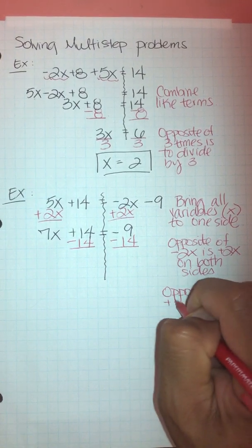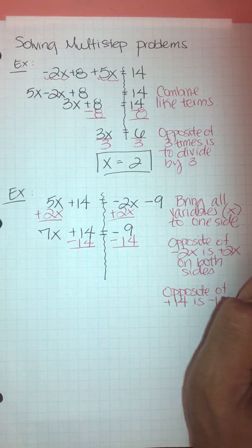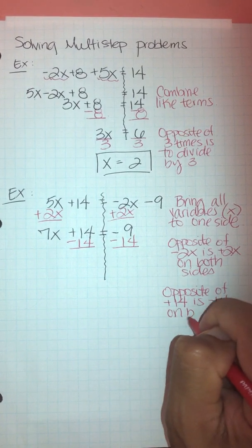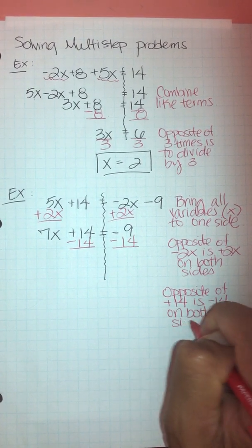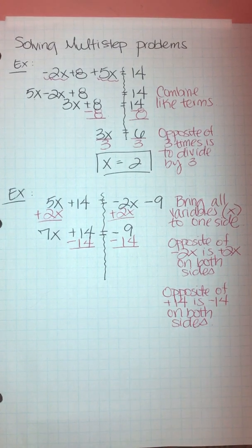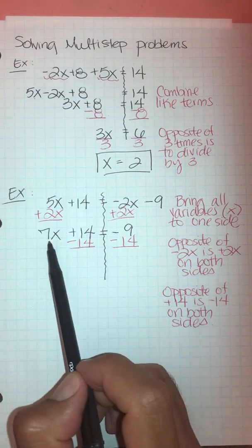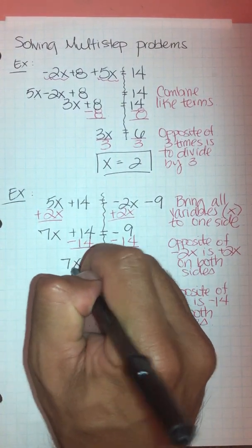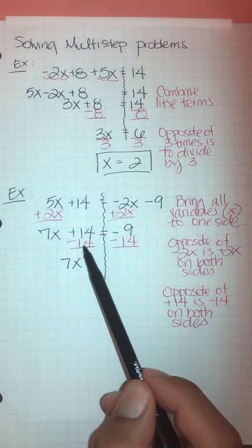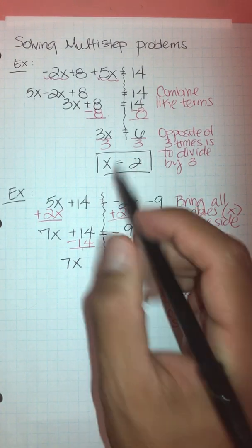Opposite of plus 14 is minus 14 on both sides. Seven x brings down. We know the plus 14 and the minus 14 cancel.